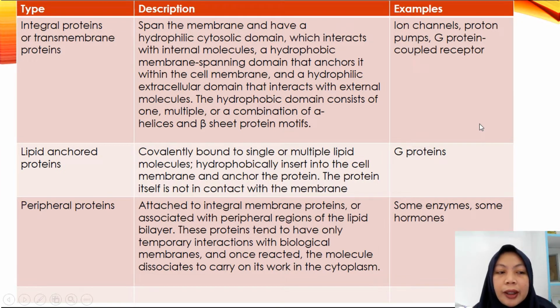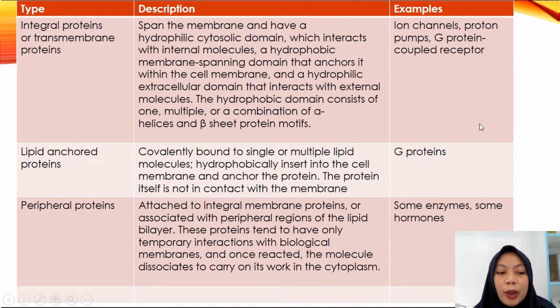Integral proteins, or the transmembrane proteins, span the membrane and have a hydrophilic cytosolic domain which interacts with the internal molecules, then a hydrophobic membrane spanning domain that anchors it within the cell membrane, and a hydrophilic extracellular domain that interacts with the external molecules.